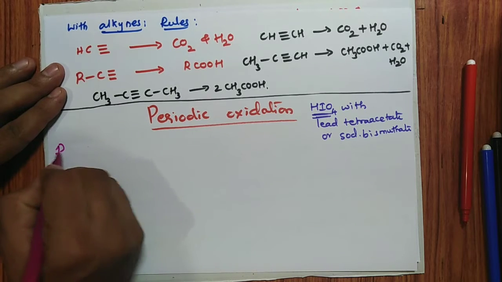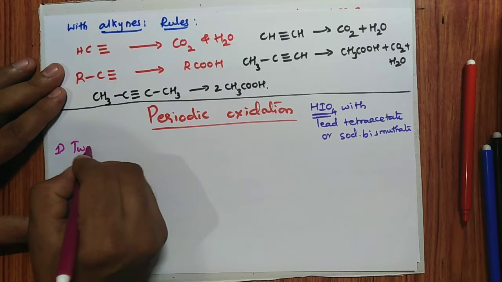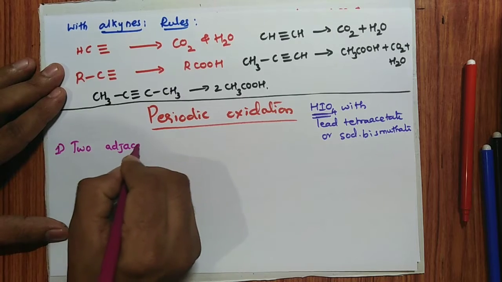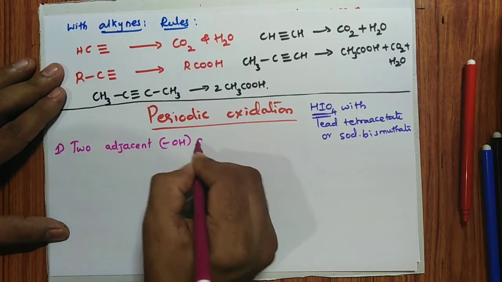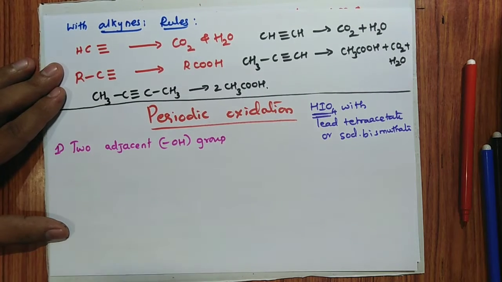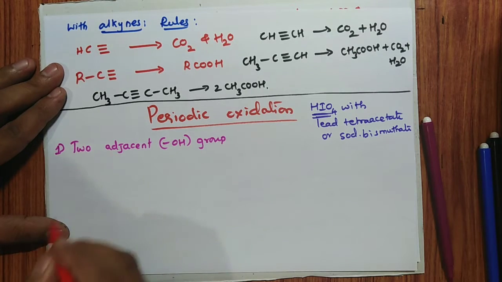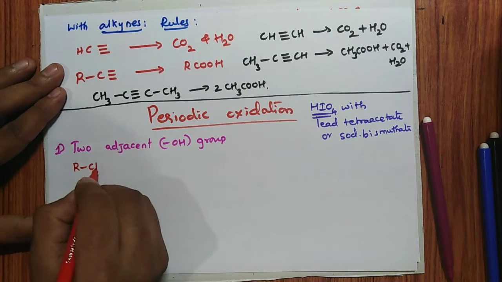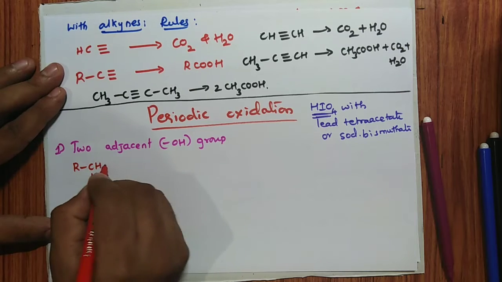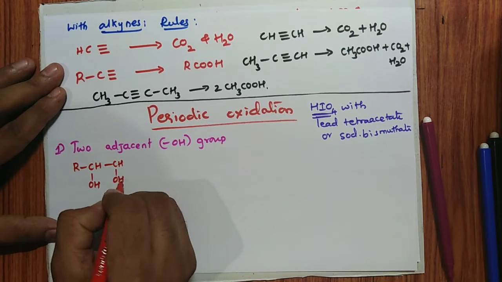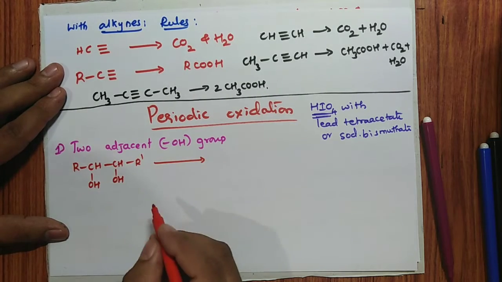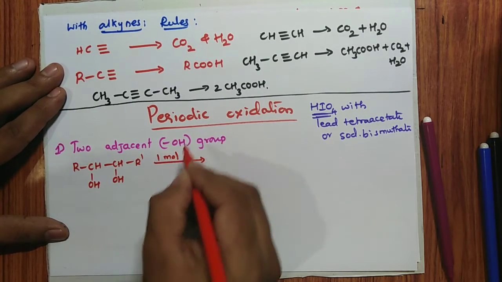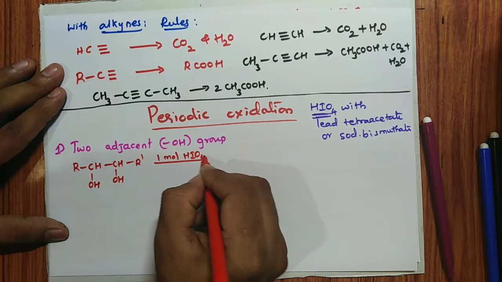First one, always this will oxidize two adjacent, very interesting, very important, two adjacent OH groups. One example I will give you. If the compound is RCHOH, CHOH, R dash, then the product formed is, remember, 1 mole of HIO4 is used.